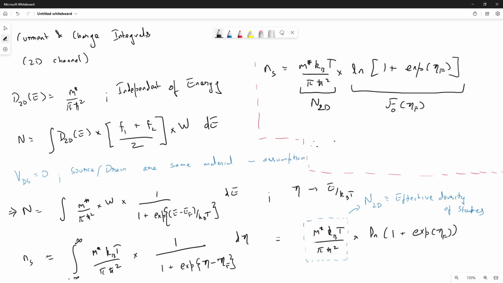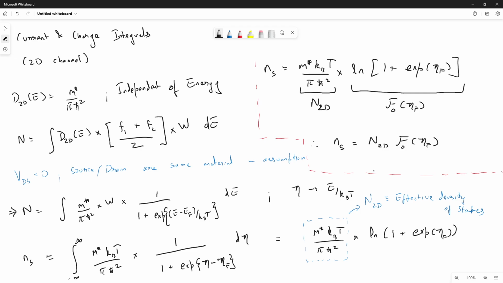Therefore, for a 2D channel, Ns is N2D under this condition, F0 of eta F. Is that clear?